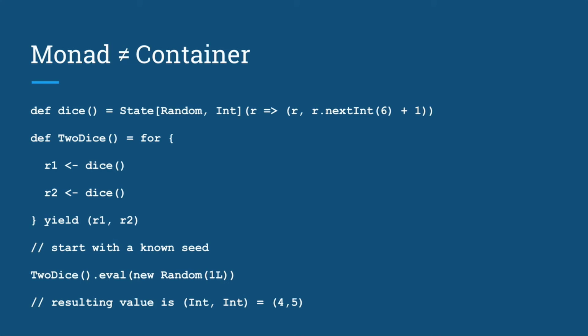So we can throw the die twice. The result would be what we threw after 2 times, so we'll have these 2 numbers. Start with a known seed and do this. This is a function, two dice. Throw the die 2 times.